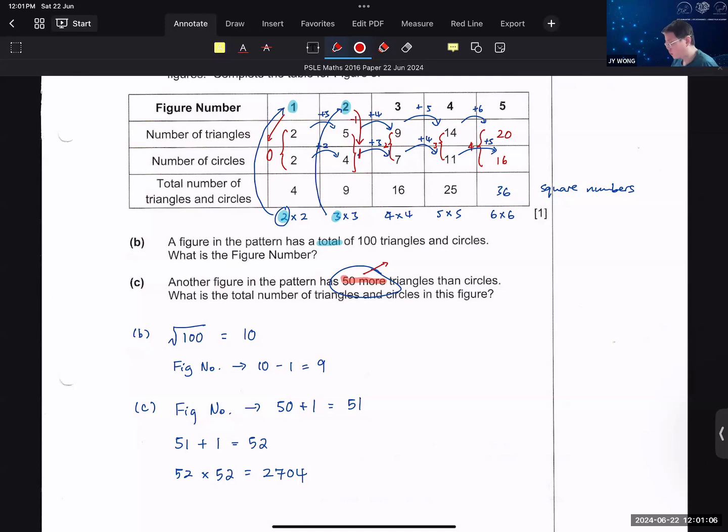In other words, to find the figure number from the difference, you have to plus 1 instead, working backwards. Then from the square number, you have to figure out that it is the figure number plus 1 one more time. That's why I have to take 51, which is the figure number, and then plus 1 again, because to get my square, I need to plus 1 first, then I can square it.